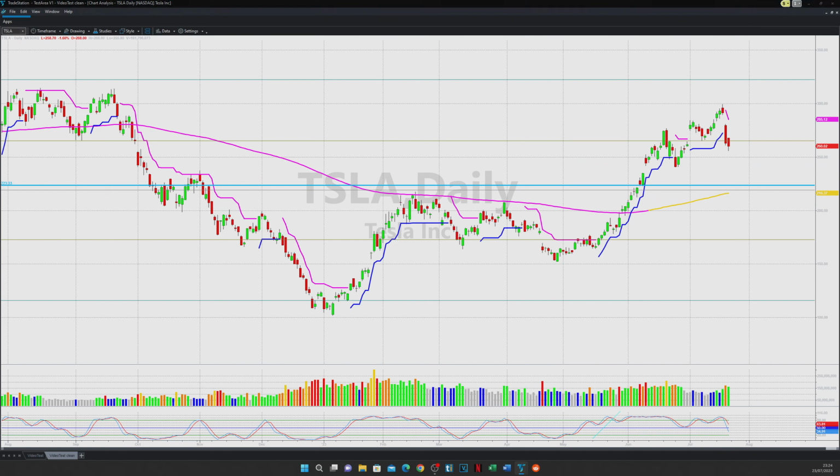At the moment, it's probably going to hit the 248, and from there, if it breaks it and breaks the 240, it could reach 190, 200, but I don't believe so. There is a lot of support, but this is the potential for the long term.